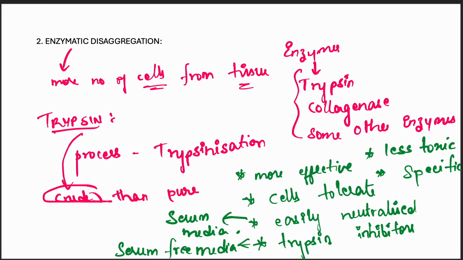Okay, so now we will see the process of enzymatic disaggregation using trypsin. While using trypsin, the tissue is selected, and this tissue is chopped into 2 to 3 size pieces.